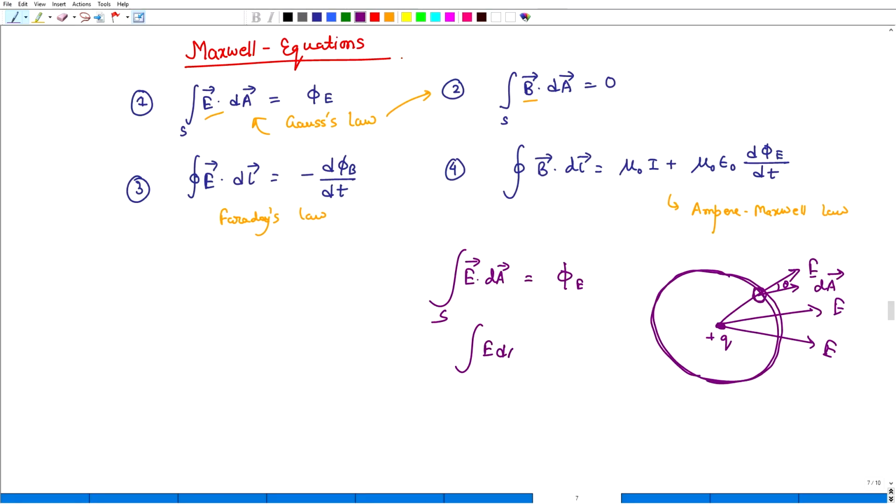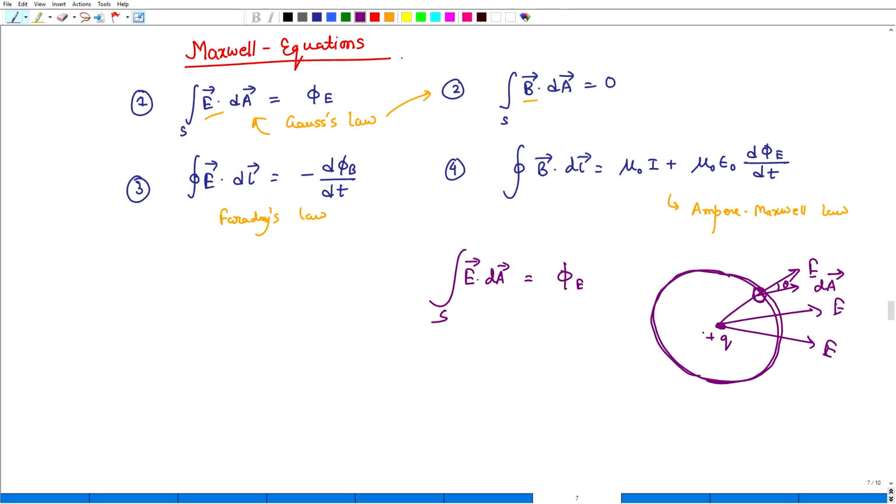In that case we can take E out of the integration, and write E dA cos theta, then E times the integral of dA cos theta. We have already studied the Gauss law, right? From Gauss law we can evaluate this value. So this is the electric flux, right?